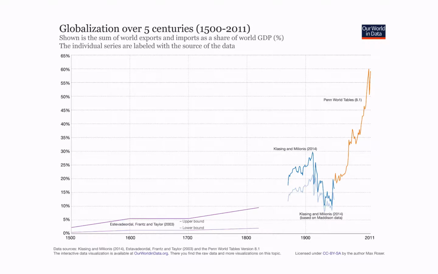So the total value of goods and services being produced in the world, what is the share of this that is comprised of exports and imports? Exports and imports meaning these are goods being shipped out of a country or being imported into a country. So this gives you a sense of how much of the world's economic activity is happening cross-border in nature, right?